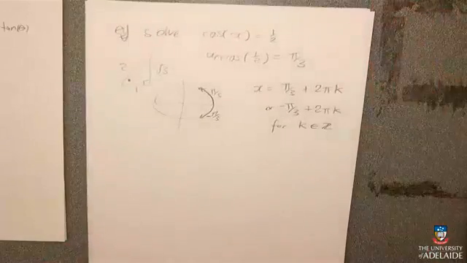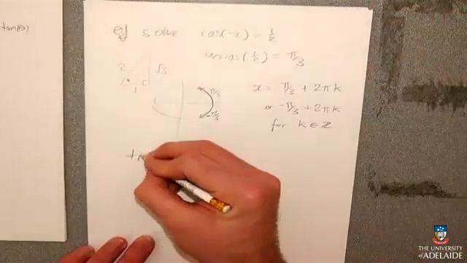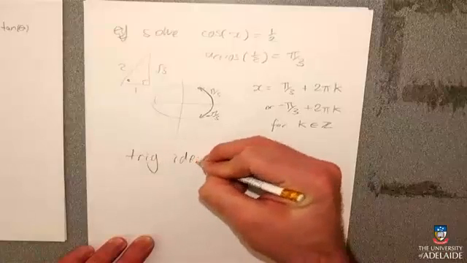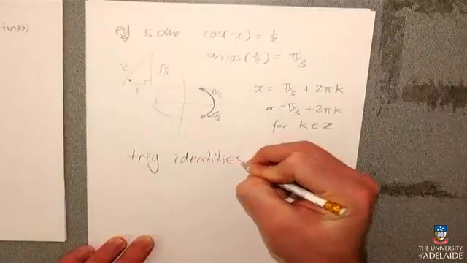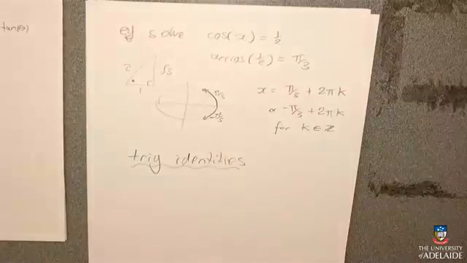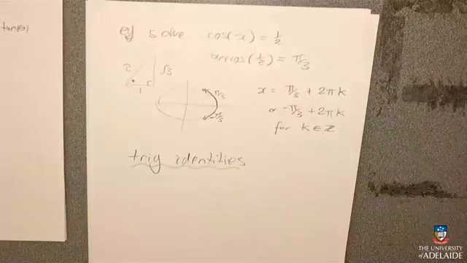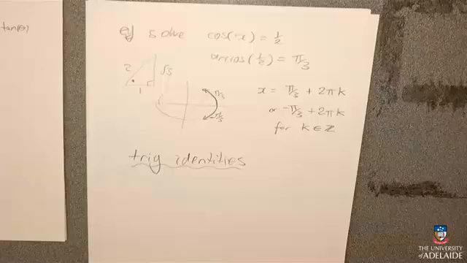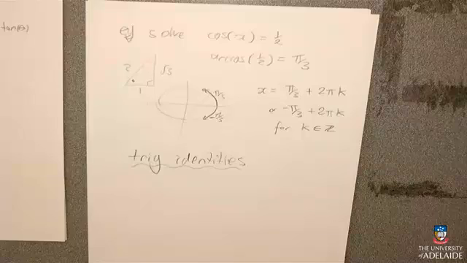Now, trig identities. Cool. So, whenever you find anything new in mathematics, one of the important things is to know how it's related to everything else.